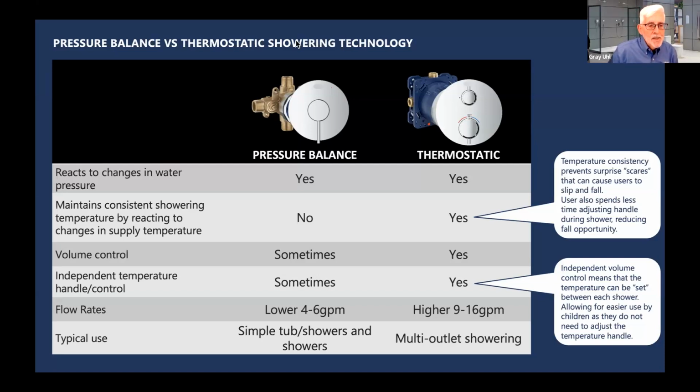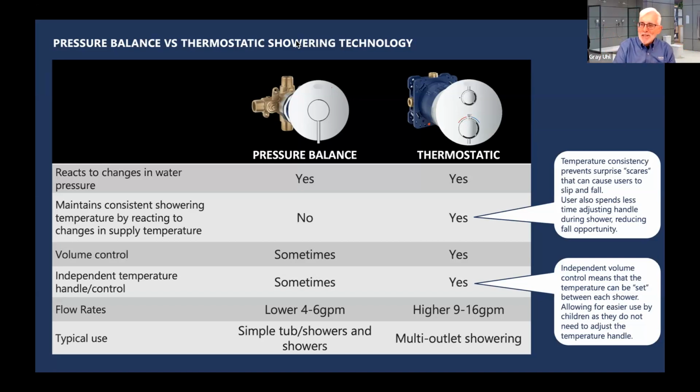And then, so just so you know, the most popular shower systems in America is the pressure balance by far. I would say 90% plus of all the showers in America. When you go to a hotel, they're always pressure balance. And the reason is the thermostatic, even though it's more precise, even though it's safer, it's more expensive.